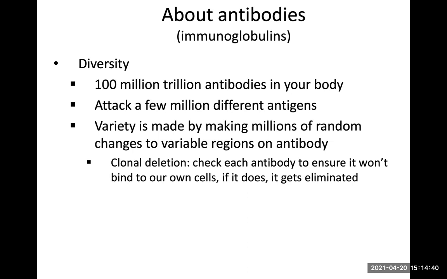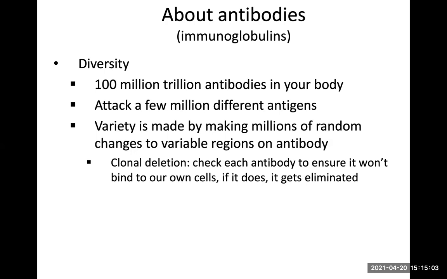It's the top part that binds to antigen. And our body simply makes a bunch of random changes to that variable region, just making as many different variations as possible. And then, of course, we have to check that none of those will be harmful.